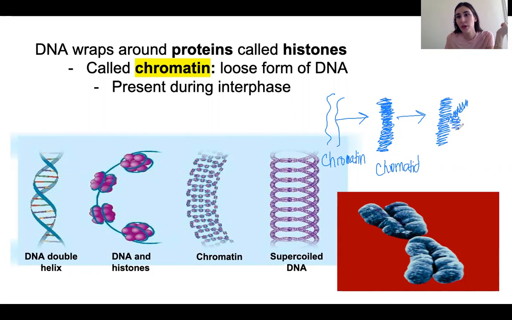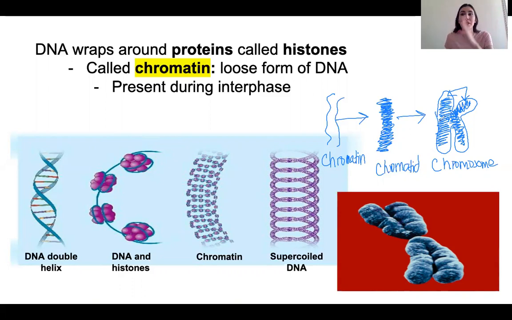And they're usually shown as looking like an X, right? Something like this. This is known as a chromosome. Now, remember, this is a chromatid and this is a chromatid. Together, they are known as sister chromatids, okay?